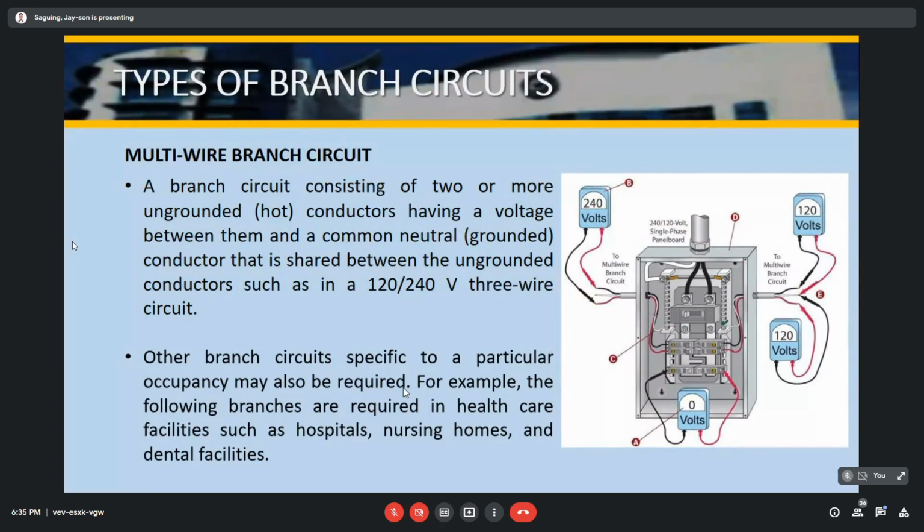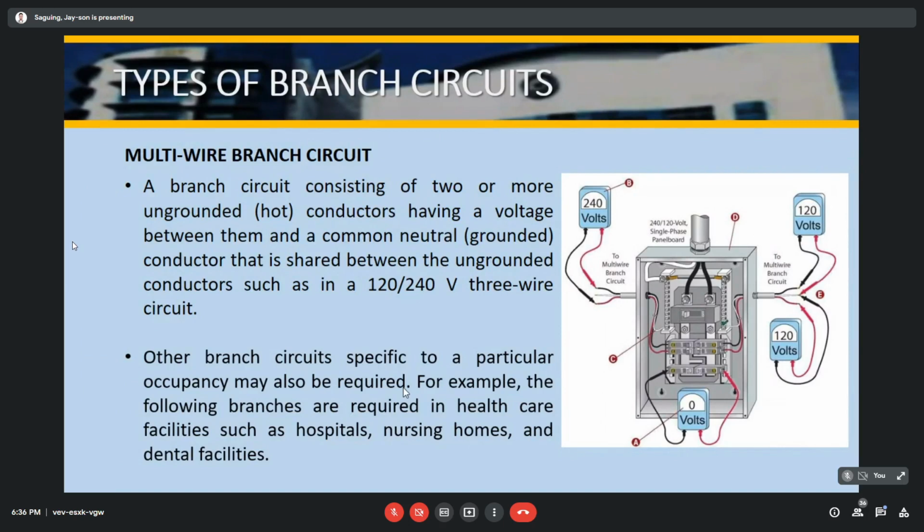So in multi-wire branch circuits, a branch circuit that consists of 2 or more ungrounded conductors that have a voltage between them. In a grounded conductor that has equal voltage between it and each ungrounded conductor of the circuit, and that is connected to the neutral or grounded conductor of the system.